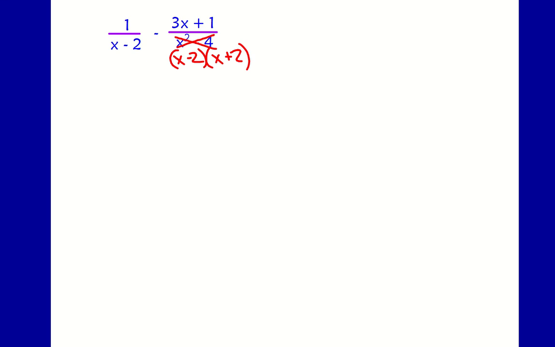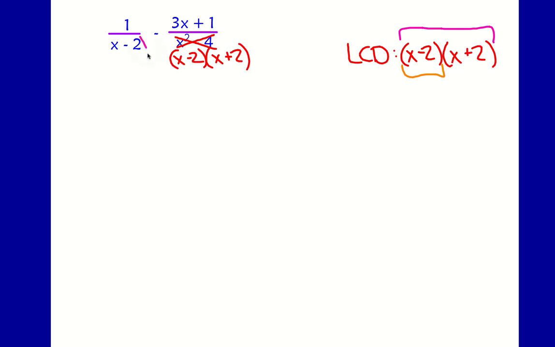And I can notice that the least common denominator, I'm certainly going to need a factor of the x minus 2 and the x plus 2 so that the second term will fit in. But once I have those, I actually don't need anything else because the first fraction is covered with the x minus 2, and then the second fraction is covered with the whole thing. So I just need to multiply the first fraction by x plus 2 over x plus 2.